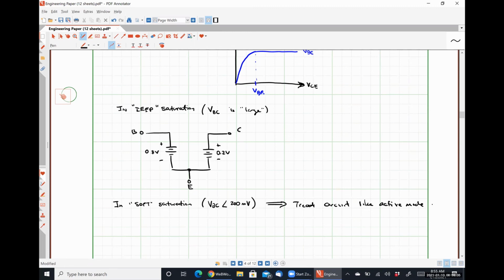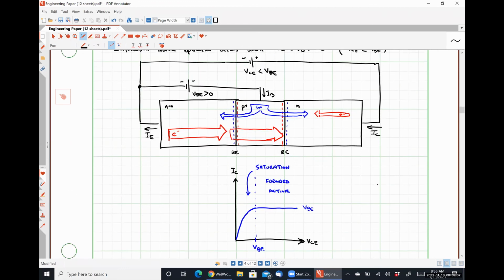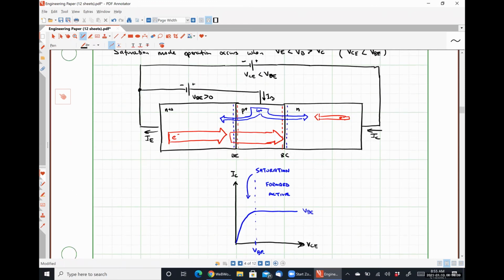So we have a forward bias junction here, right? So I would argue that these two guys, and this isn't in the textbook, this is just me extrapolating what's going on here.